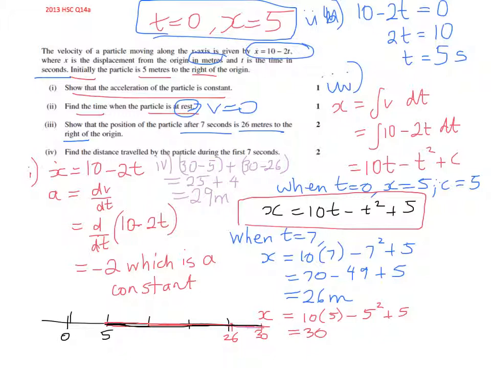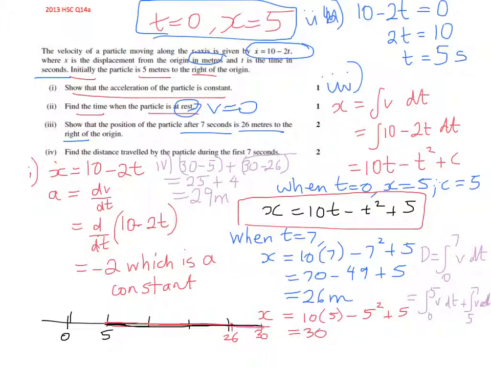If we were to work out this question using the integral, the distance travelled is the integral between, we can't just say between 0 and 7, because we know the particle is at rest at t equals 5. But what you could do is work out the integral between 0 and 5, and you could also work out the integral between 5 and 7 and add those together.